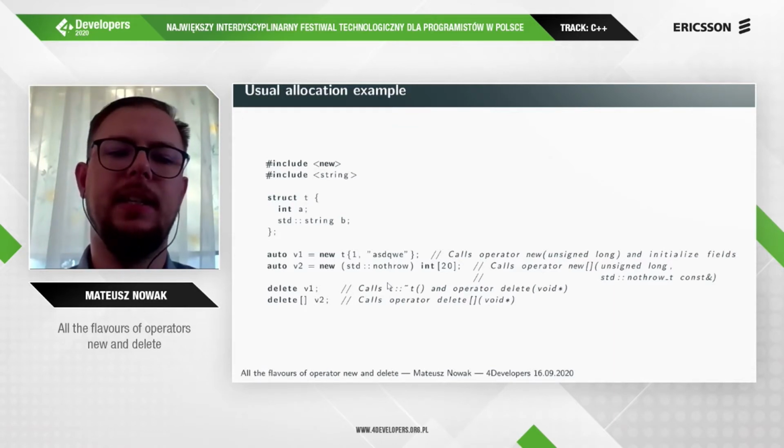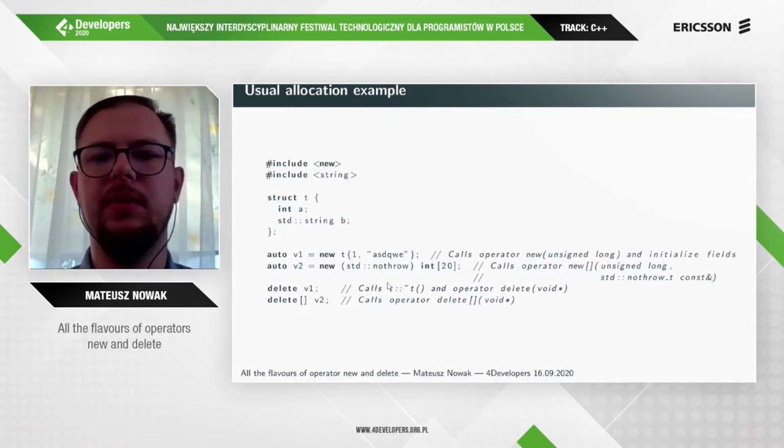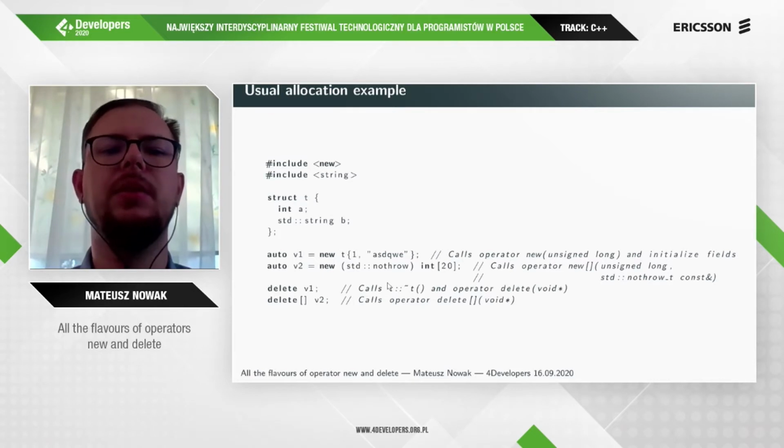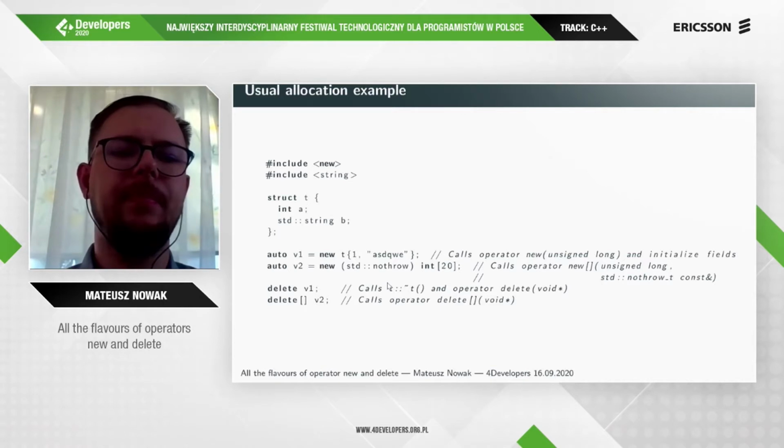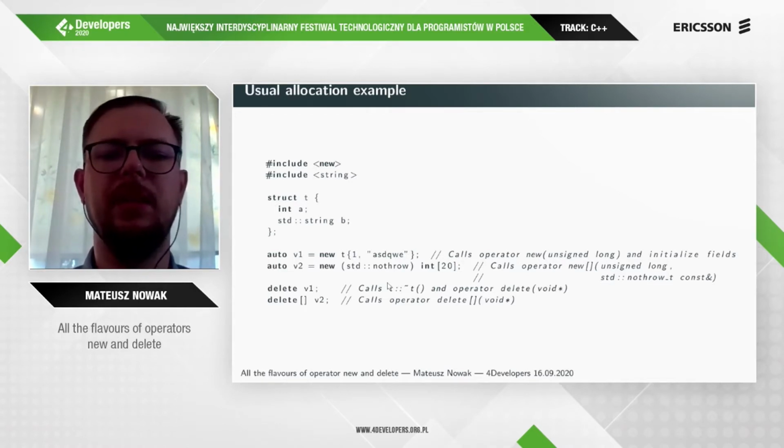And if the type was not trivial, so something other than int, it would call the default constructor for all the elements of the array. Here it's int, so it's basically doing nothing. And to delete a single object, we call just the delete statement, which is calling under the hood the destructor for the type, and then operator delete.